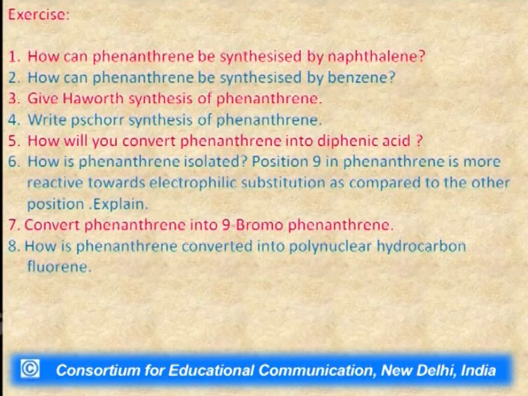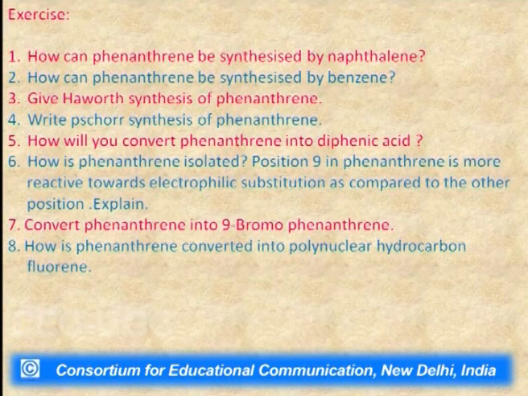This phenanthrene can be isolated from anthracene, and we can see that substitution in phenanthrene takes place at position number 9. So it can be compared from its resonating structures. So we can do the resonating part of the phenanthrene molecule in this question.